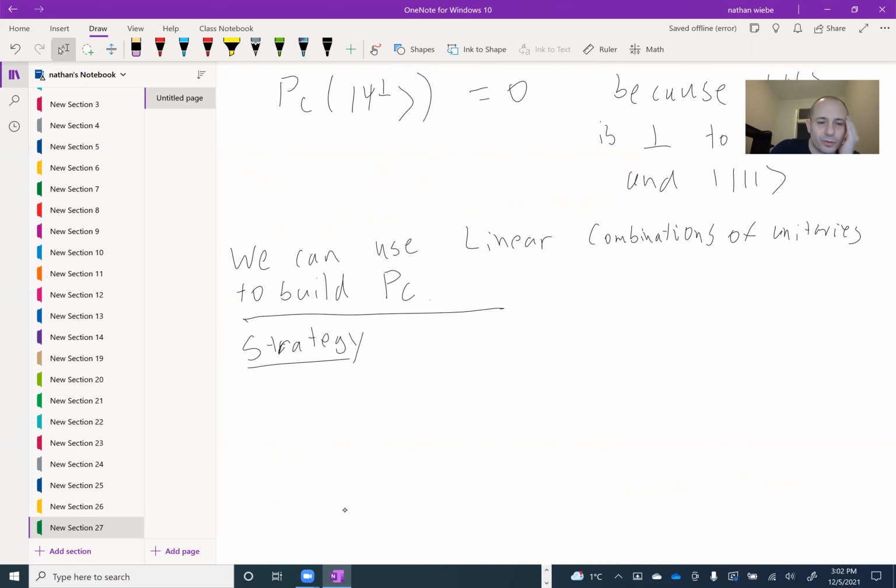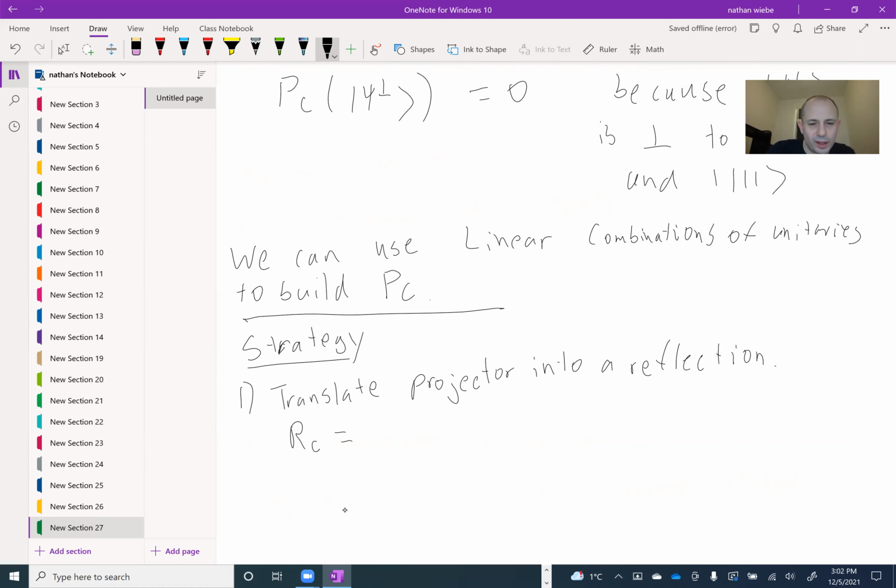The easiest way of doing this is, one, translate the projector into a reflection. And the way that we can do this is we can, say, for example, let RC equal identity minus 2 PC.